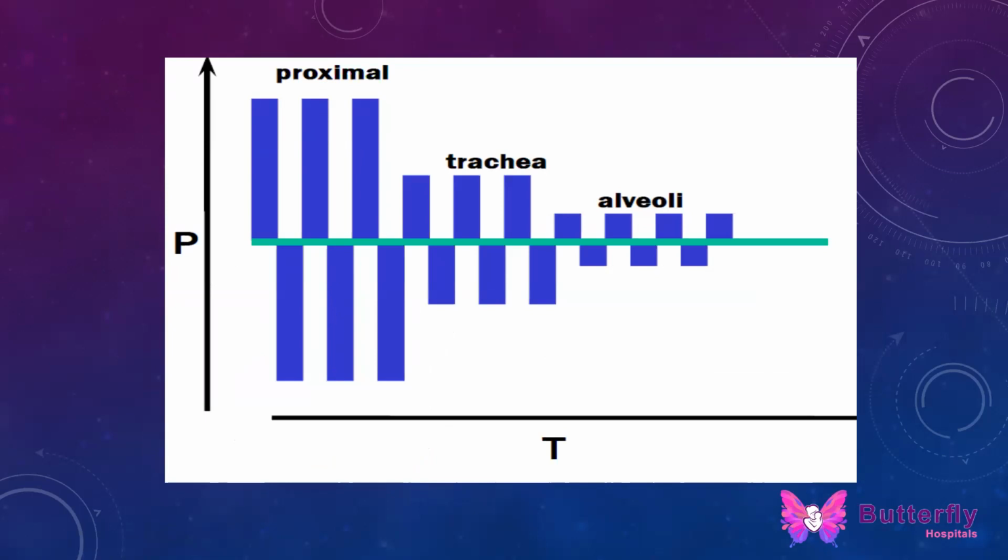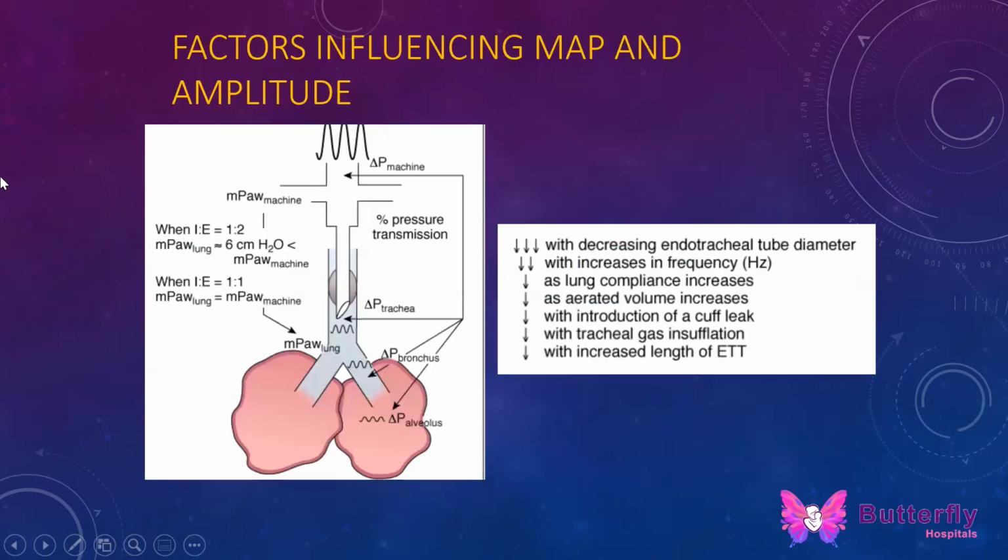When the ET tube is long, with a long length between the ventilator and the alveoli, the amplitude is also going to be decreased. If the lung is very compliant, the change in volume with the amount of pressure is going to be high. Again, with each unit change in pressure, there's a larger change in the volume of the lungs.